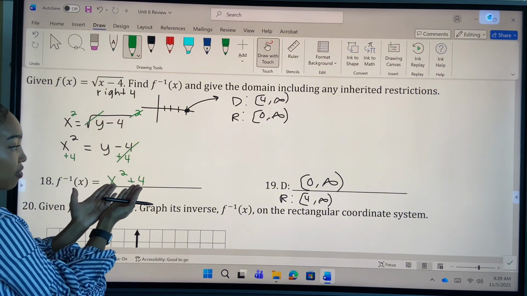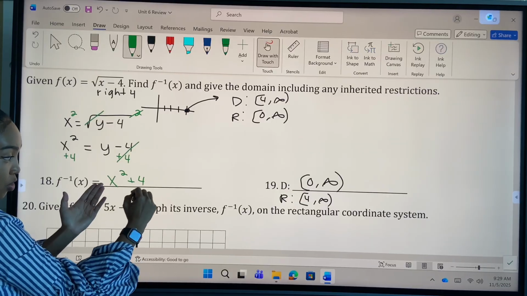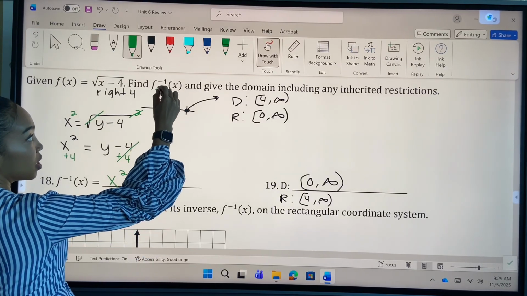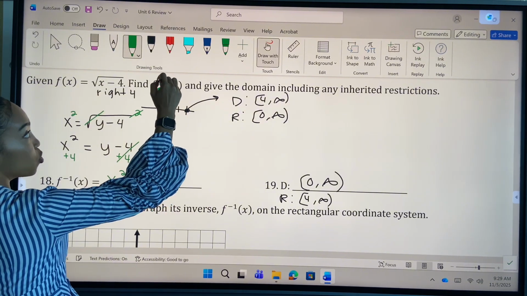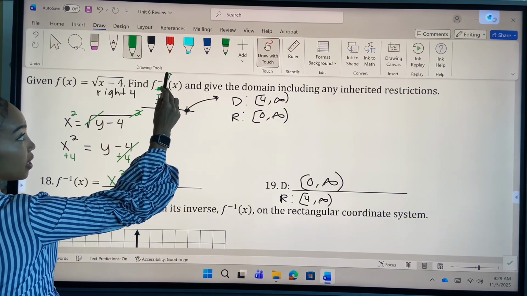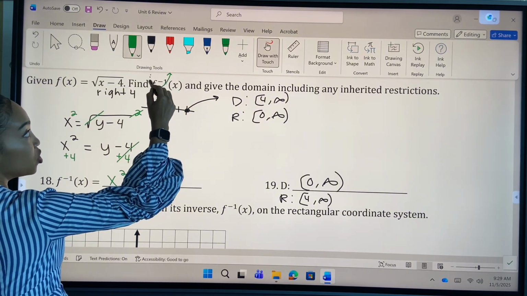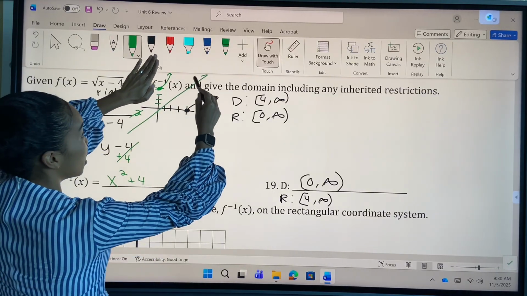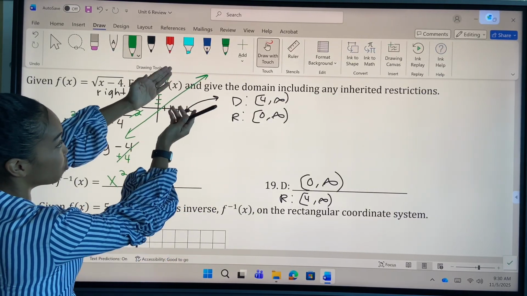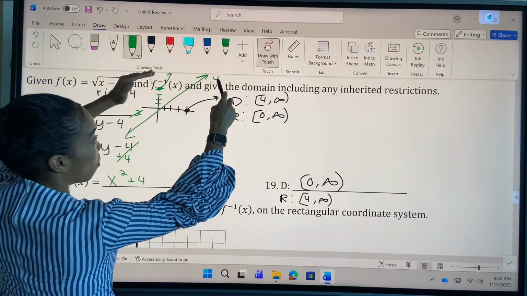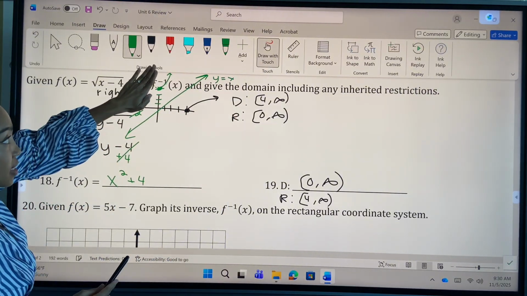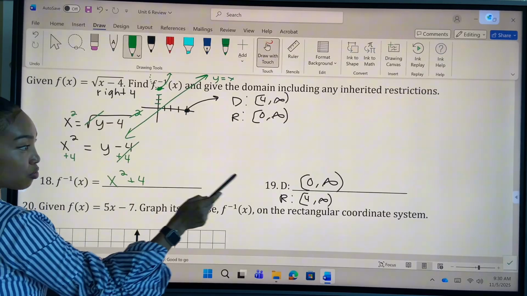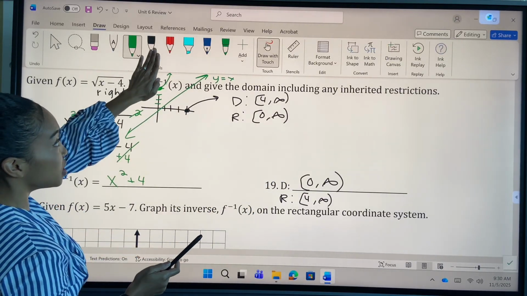Now, if you were to graph this, this is a U-shaped graph. It's a parabola that went up 4. So 1, 2, 3, 4, it's right here. And it's going to look like that, but normally it's a U-shaped graph, but we're not taking the left side. We want it to be the inverse. Inverses have to reflect across the line y equals x. That's why we're not taking this half. So normally, yes, this would be all real numbers for the domain, but it's restricted.